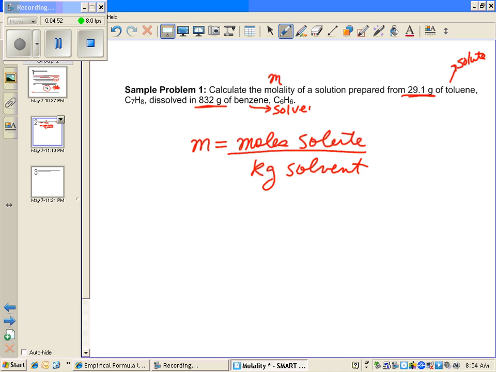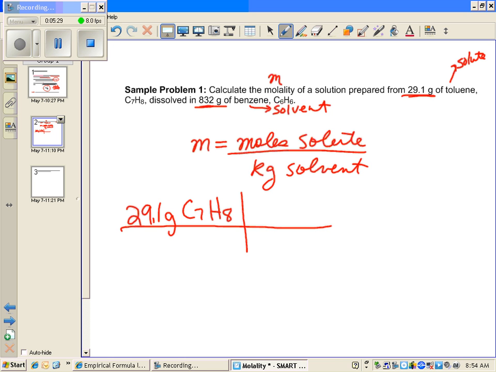Okay, so I'm going to start with 29.1 grams of toluene, C7H8. Now I'm going to look up the molar mass of C7H8 on the periodic table. I gave you the formula because you wouldn't know what toluene is. For carbon, it's 12 times 7, plus hydrogen is 1 times 8, so I get 92.